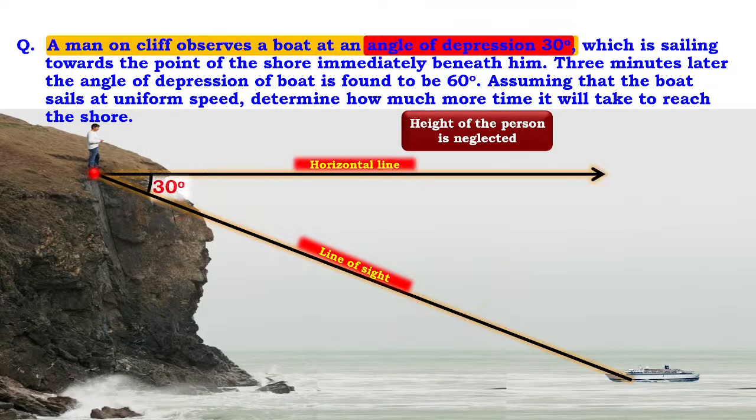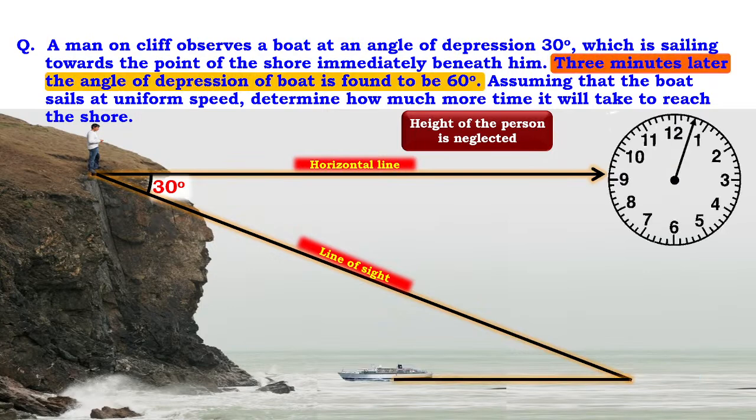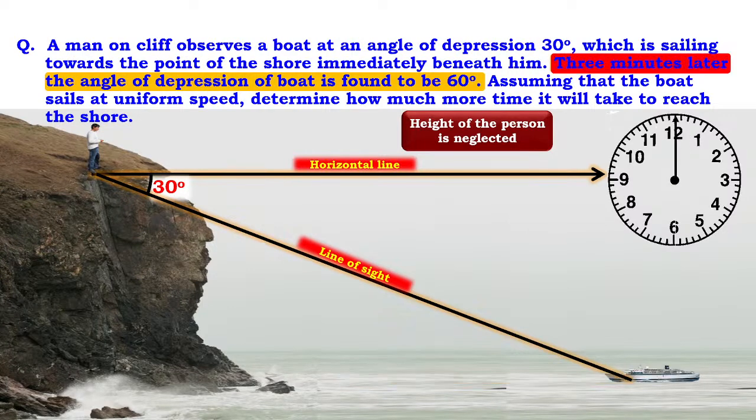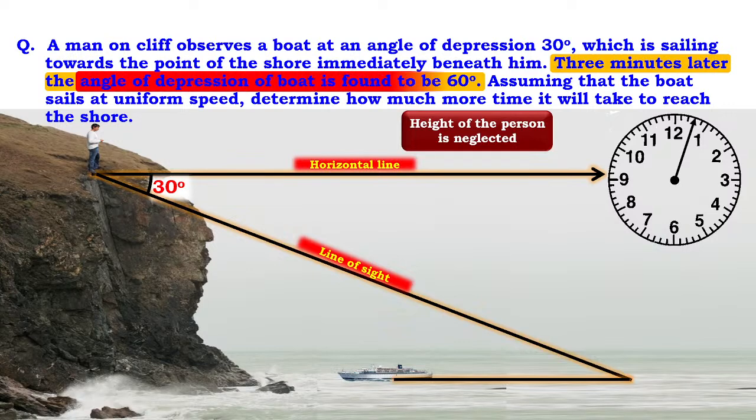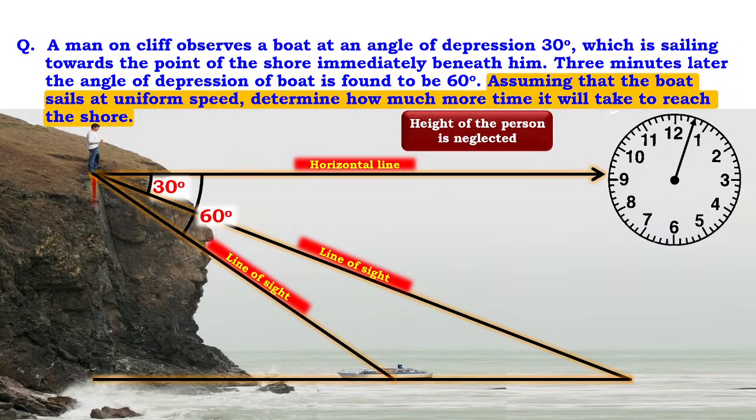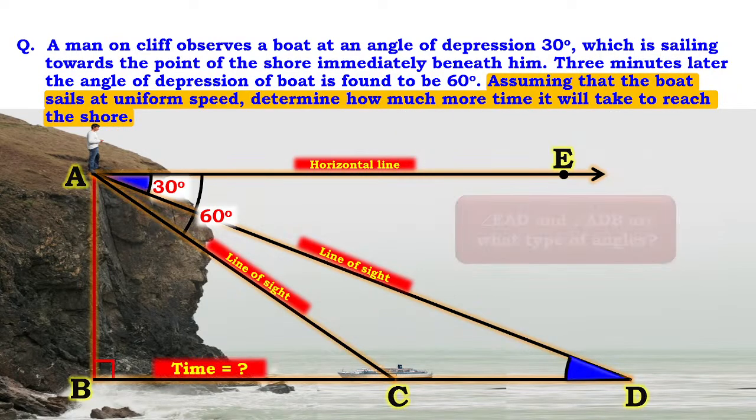Okay, line of sight 30 degree. Okay, now a boat after how many minutes? 3 minutes. Okay, it comes towards the shore. It is coming towards the shore. Same question, the car and the building. It becomes 60 degree and you have to find like this. Okay, what is the time taken? अभी इधर यहाँ पे पूछा है what is the time taken?